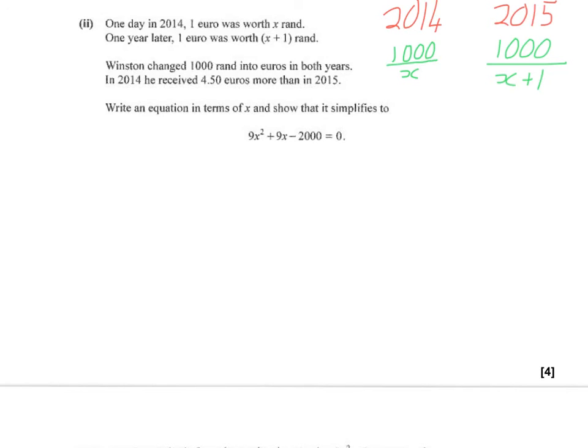So 2014 amount is 1,000 over x. 2015 amount I need to take away is 1,000 over x plus 1, and that equals 4.5. I hate having decimals and fractions at the same time, so I'm just going to change that to 9 over 2. I'm certain that will help me later on, even though I haven't actually done this question.